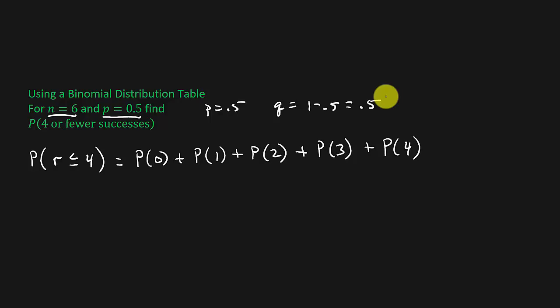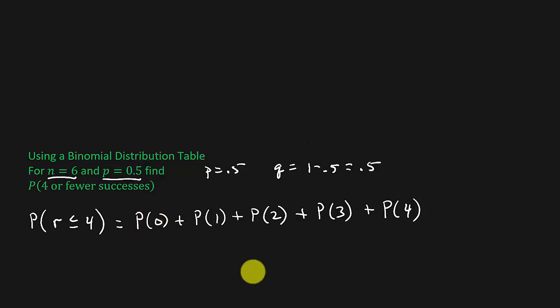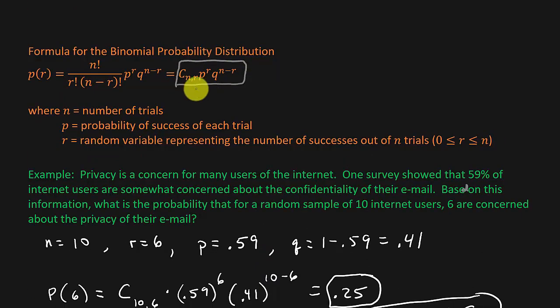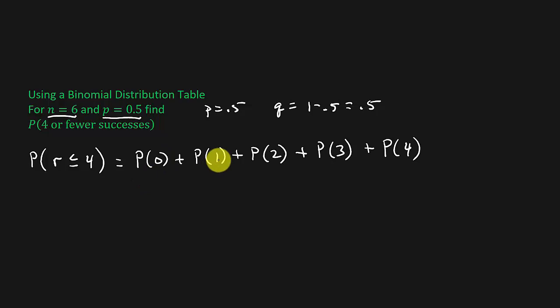But let me show you what would happen if we use the formula that we just had. So if I use the formula, look at this. You see where r is 0? I would have to plug that into this formula here and calculate that. Then I would have to do it for when r is equal to 1.